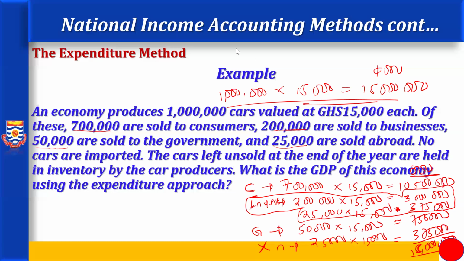So in essence, we have been able to go through how we calculate GDP using the output method, the expenditure method, and then the income method. So you have gone through these three approaches: output, expenditure, and income.